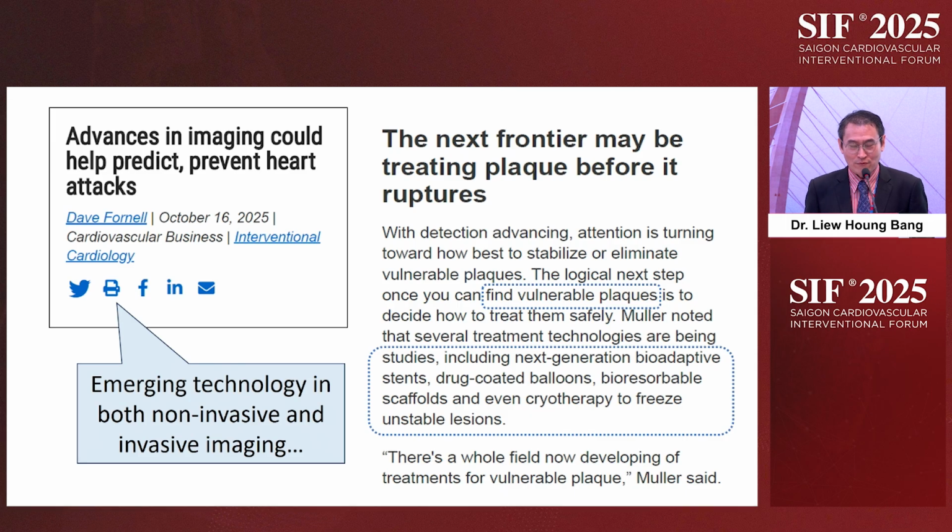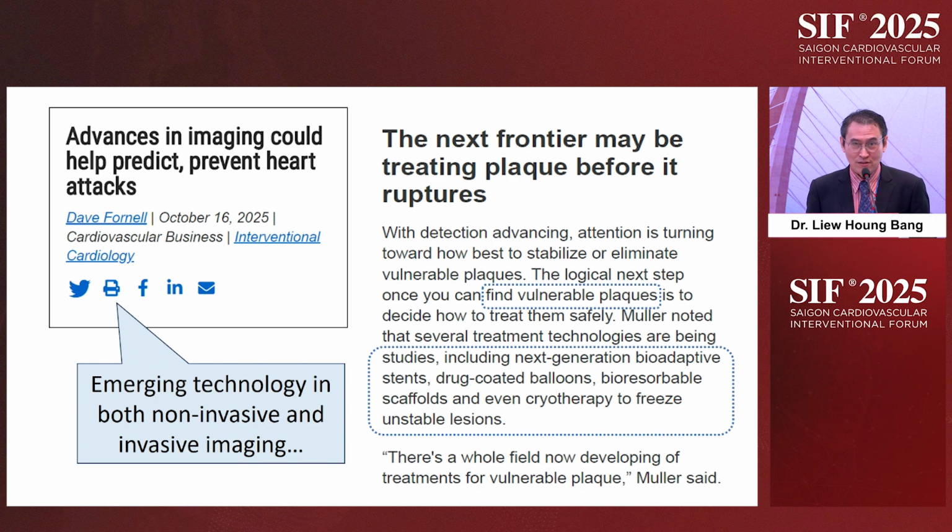Now, zoom out a little bit from invasive. It would be even more exciting if we can have technology which is non-invasive, for instance, CT scans, to look at whether we can detect vulnerable plaque. And it is coming. If we can find vulnerable plaque, that means we can have new treatment, even a new generation of bioadaptive stents, drug-coated balloon, bioabsorbable scaffolding, so that we don't have to cage this vessel.